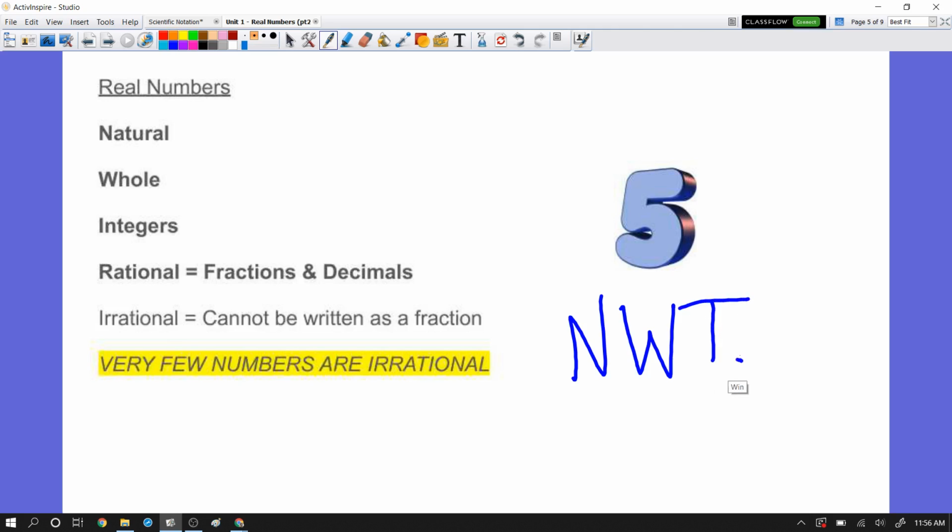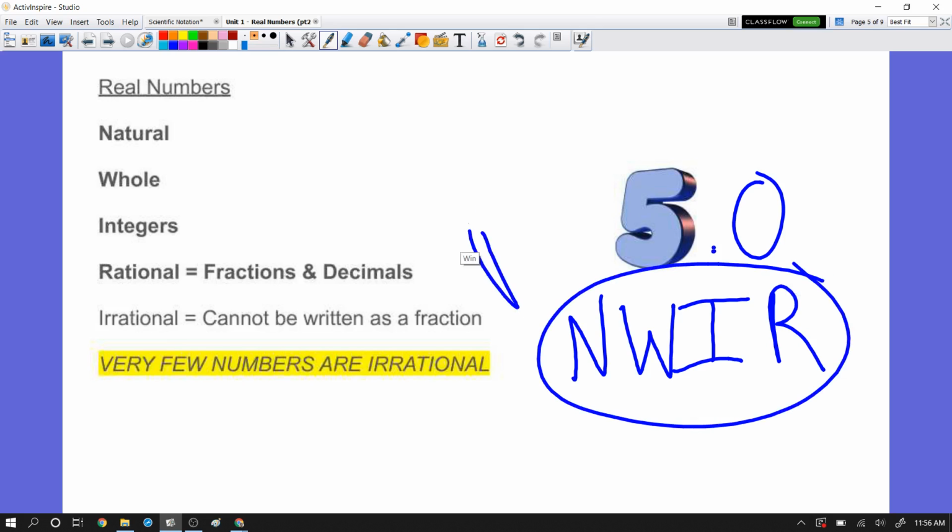It can be written as a fraction or a decimal. 5 divided by 1 is 5. Or we have 5.0. There's your decimal. So we have a rational number, and it fits into the real number system. Okay? So you can see a majority of the things I'm writing are not irrational.